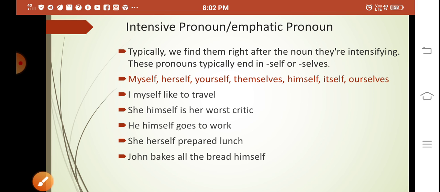It is she herself. It means there is no other person included in this. Here the third example is he himself goes to work, and there is no other person dropping him or taking him to the office. So he himself goes to the office by bike or on foot.